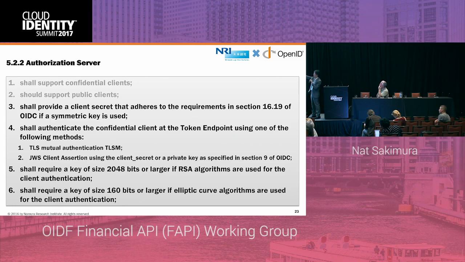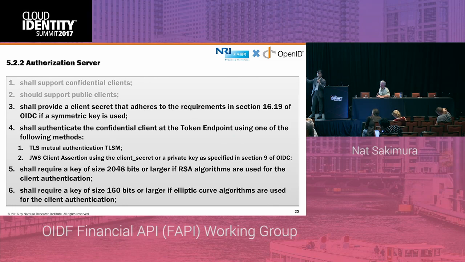But number 3 is: shall provide a client secret that adheres to the requirements in section 16.19 of OIDC if a symmetric key is used. Now, we are not talking about OpenID Connect at all here. We are talking about only OAuth, pure OAuth. But OAuth is silent on the symmetric key requirement.